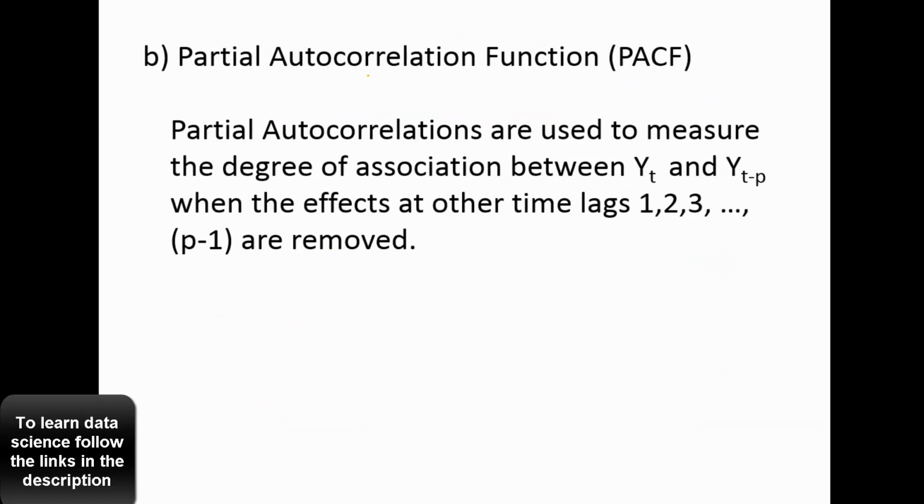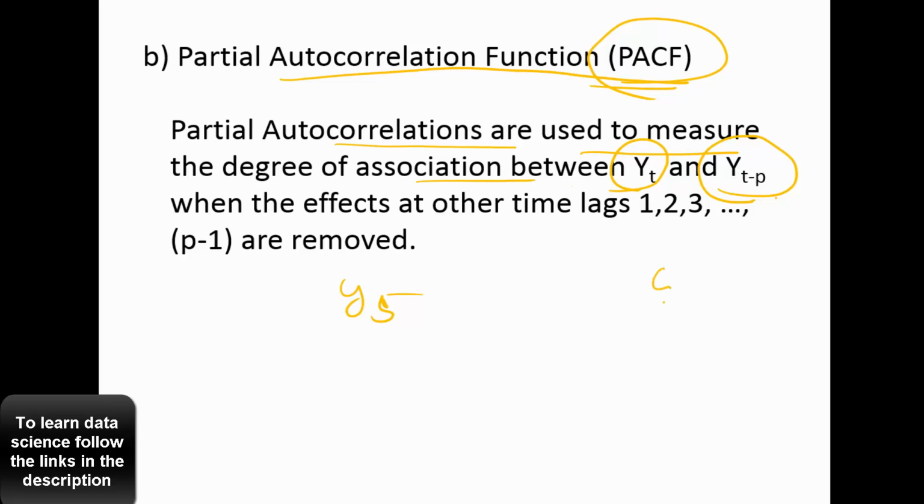Another important thing is the partial autocorrelation. This is also some sort of correlation, but slightly a variation of that. Partial autocorrelation, known as the PACF, is used to measure the degree of association between yt and yt minus p, while removing the effect of the lags between them. Say this is y5 and this is y1.